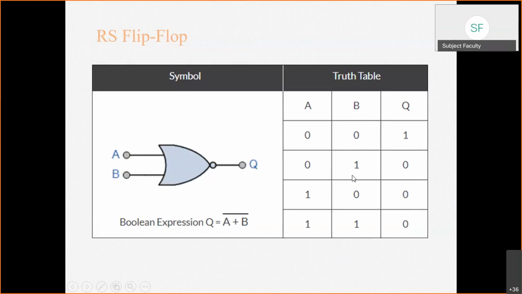As soon as I observe that one of the inputs is 1, my output will be 0. Okay, I will be using this particular case many times. Again, I am repeating: I will observe what the inputs to the NOR gate are. If I observe that any one input is 1, then the corresponding output will be 0.